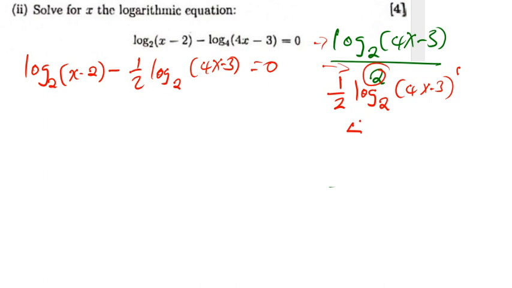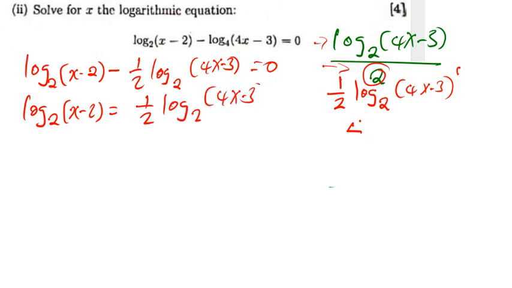Now I'm going to shift this to the other side. So log base 2 of x minus 2 is equal to half log base 2 of 4x minus 3.